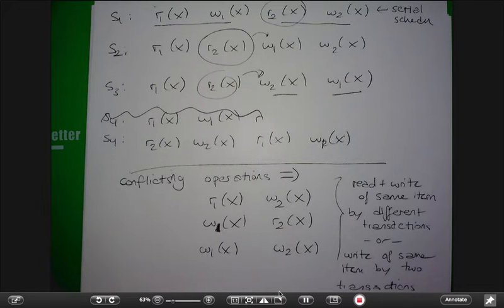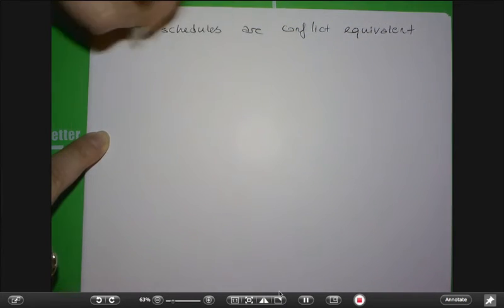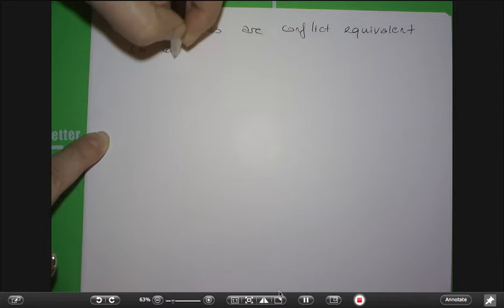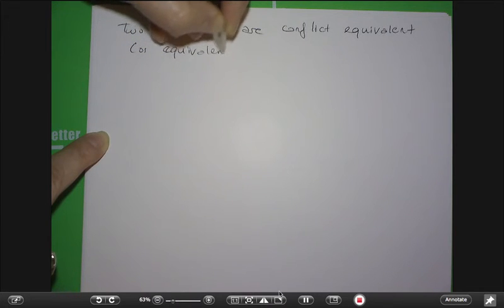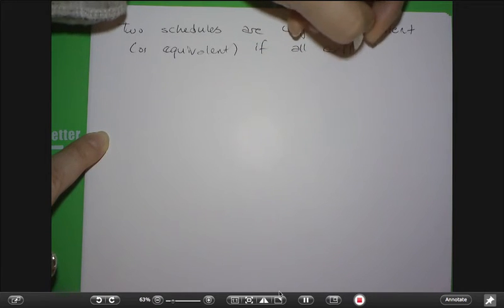So I'm going to rewrite the same thing. I'm going to say that two schedules are conflict equivalent, or just equivalent, it's the same thing, if all conflicting operations occur in the same order.